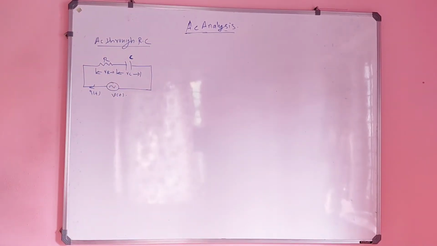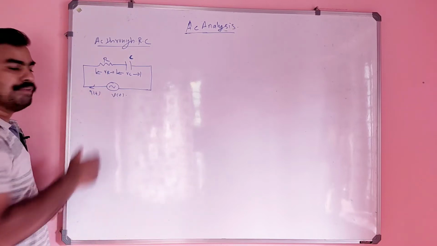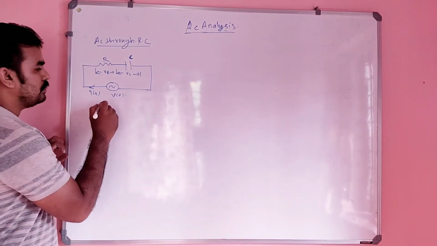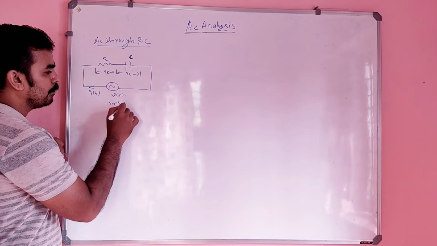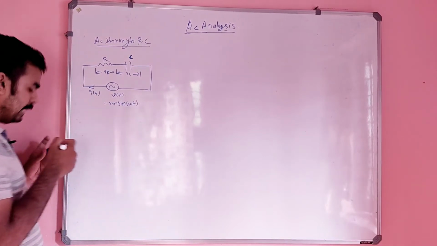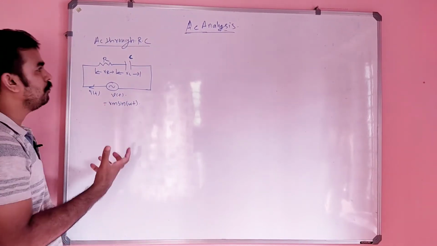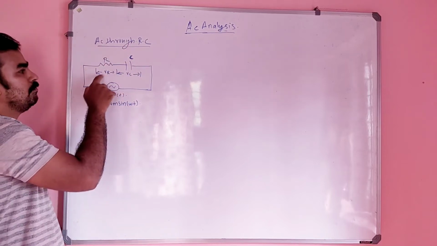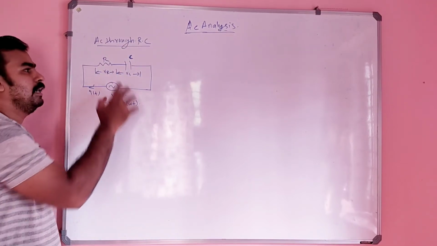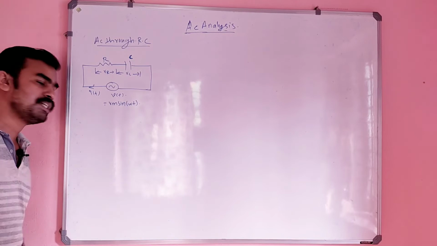This is an RC circuit and we are giving a similar voltage input, V of t is equal to Vm sin omega t, and this is R and this is C. VR is the voltage across the resistor and VC is the voltage across the capacitor.